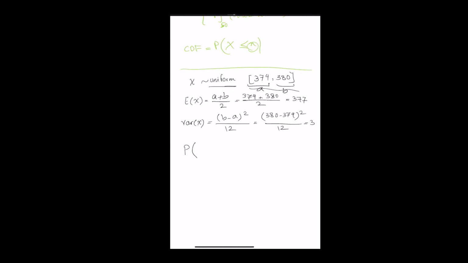That is the probability that the volume of the container is less than 375, from the lower bound 374 to 375 of f of x dx, where f of x is 1 over (b minus a), which is 1 over 6.